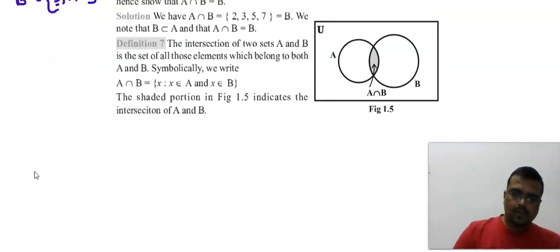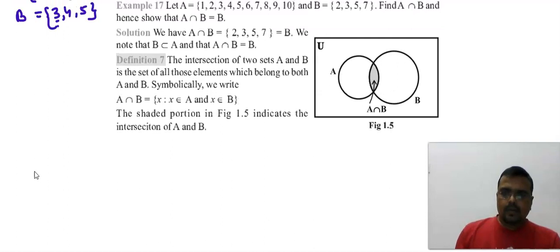Let's understand how in Venn diagram they are represented. Here in this figure you can see set A is represented as a small circle and set B as a bigger circle. Now the common part which is in between A and B, that is called A intersection B, because that is the common part shared by both A and B, right?